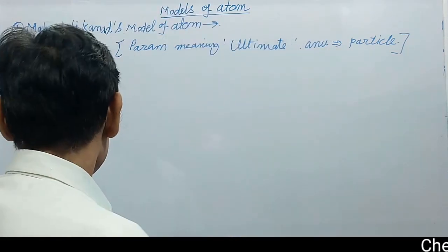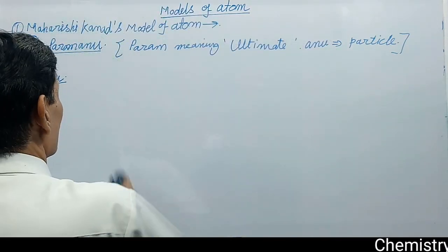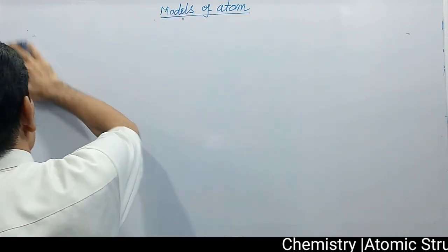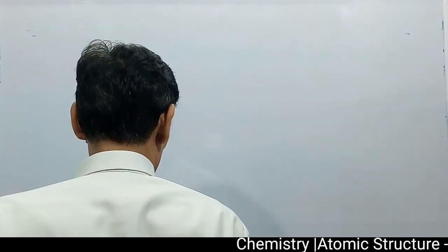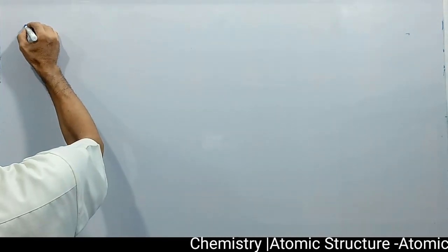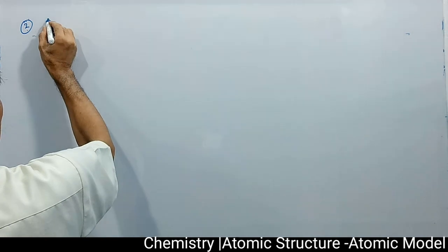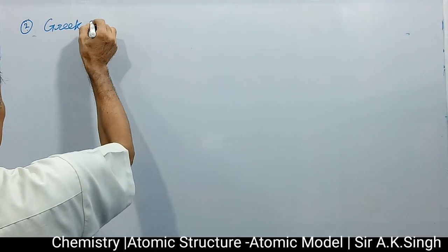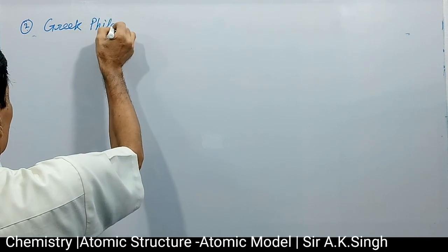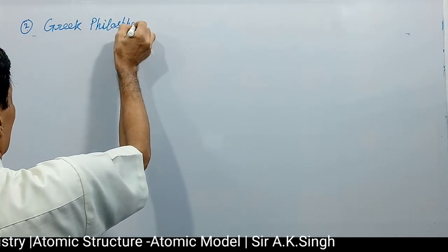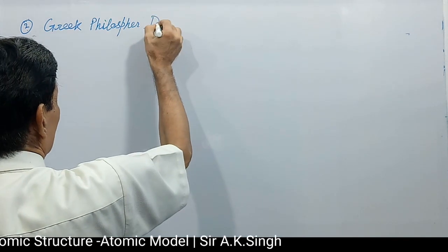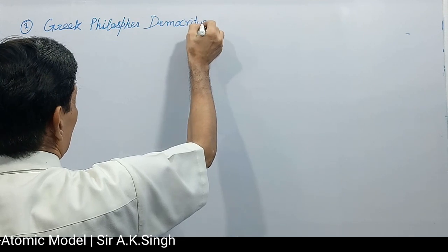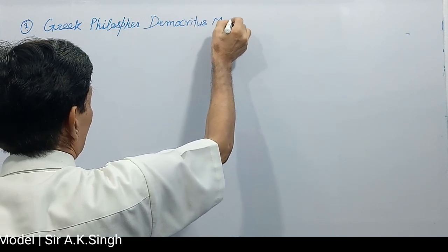Now, let us see second model of atom. Greek philosopher Democritus model of atom.